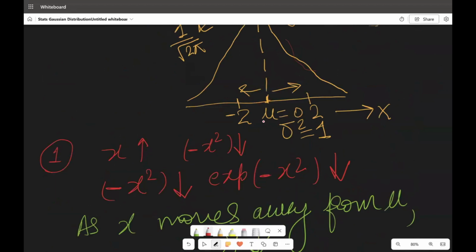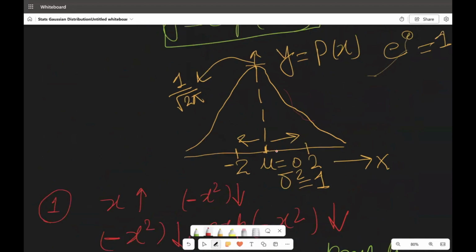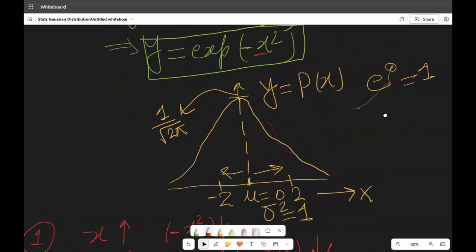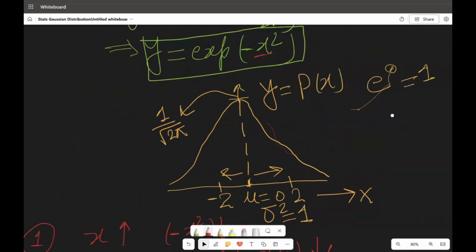Which means this function is symmetric. This is my second conclusion. So this function that we just saw is symmetric, right? This is your y, this is your x, and this is your mu equal to 0. It is symmetric because whether you take x equal to 2 or x equal to minus 2, we get the same value in this function.